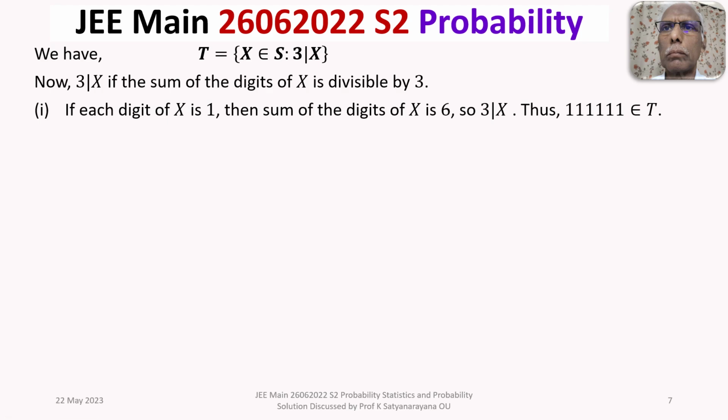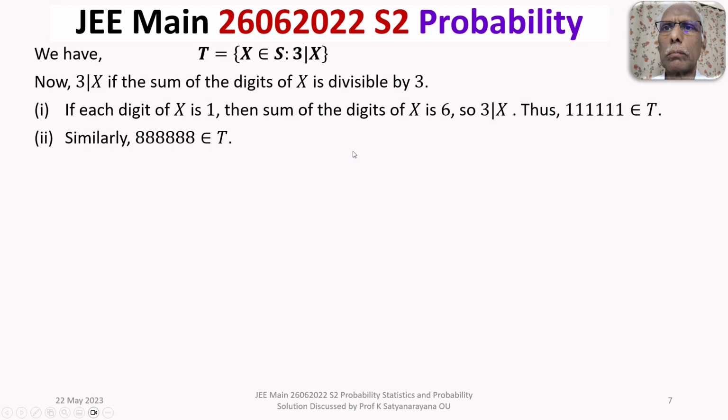The sum of the digits of X, six 8s, is 48, and 3 divides 48. Therefore, 3 divides this number, and therefore the number 8, 8, 8, 8, 8, 8 belongs to T.